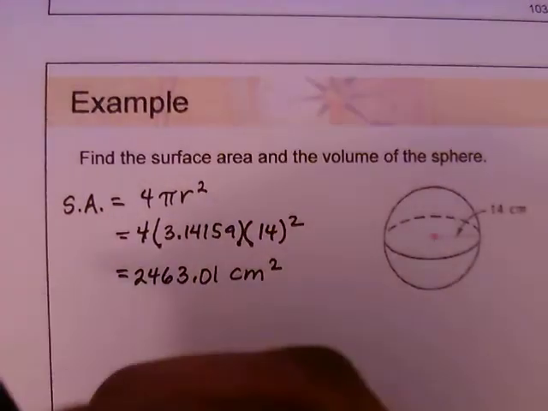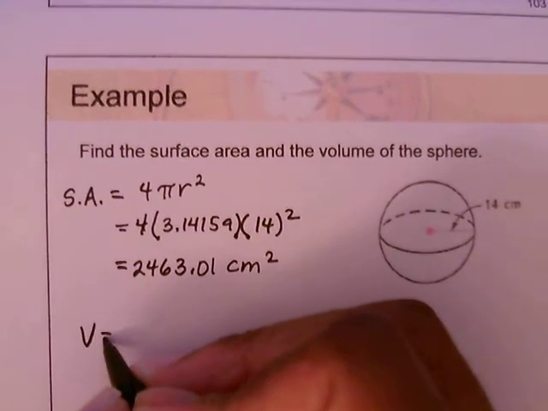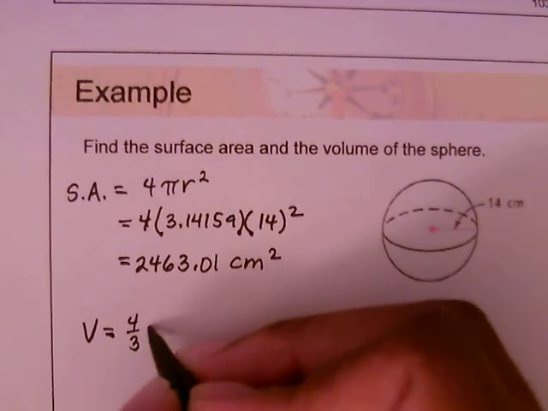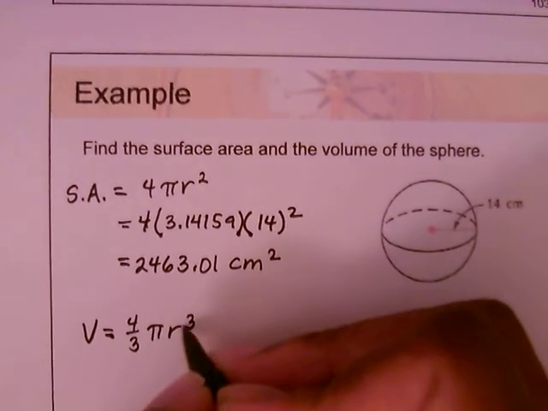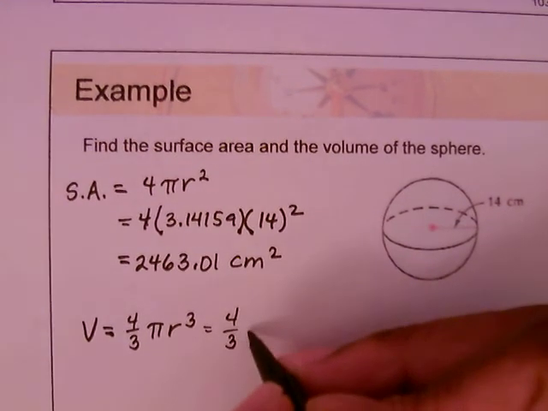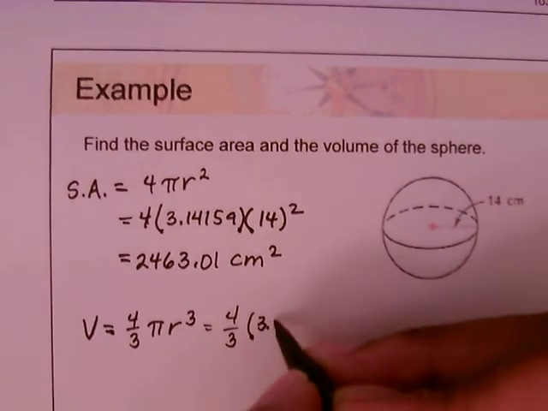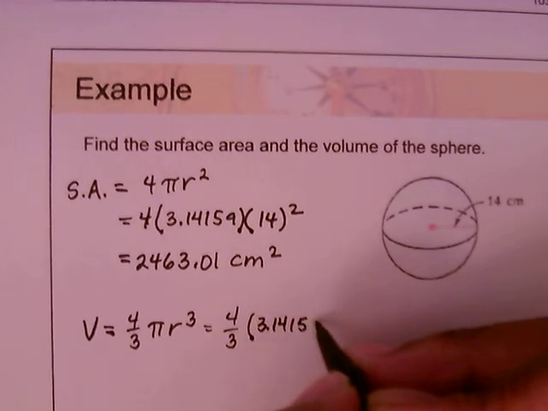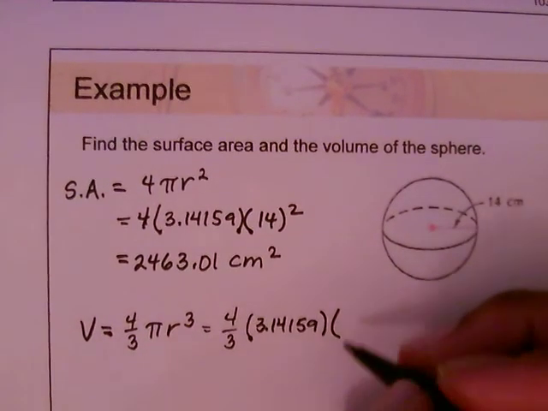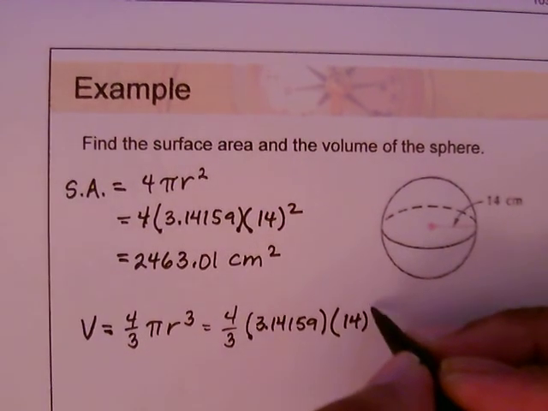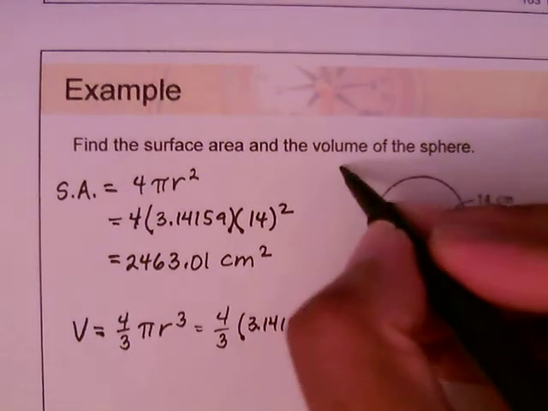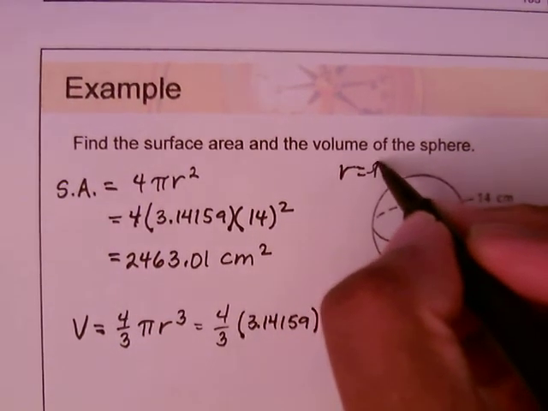And then to find the volume of that sphere, we use 4/3 pi r cubed. So here we got 4/3 times 3.14159 times the radius, which is 14, cubed. Keep in mind that radius is still going to be 14.